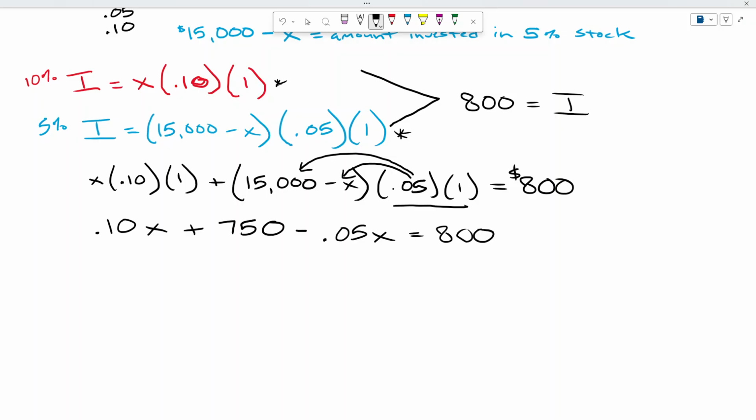And now let's combine like terms here. We have 0.10x minus 0.05x, so that will just simplify to 0.05x plus 750 equals 800, and then subtract the 750.